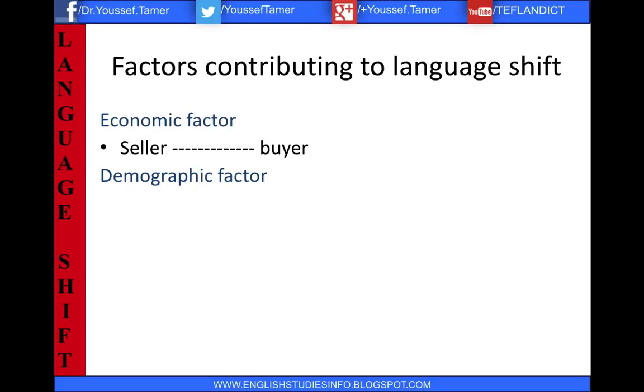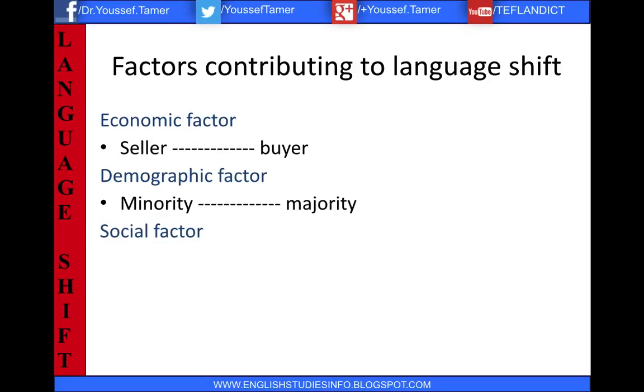Here I refer to the story of Indians, for example, when they were colonized by the British. Because of demographics, they couldn't change their languages. So minority versus majority. Also the Moroccans living abroad, because they are minorities. What happens to these minorities? They adopt the language of the majority, especially for the second and third generations, for survival purposes, for pressure, etc.